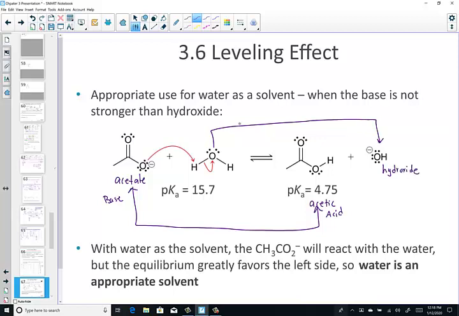When we identify the acids, H2O is acting as an acid, and acetic acid, CH3COOH, is acting as the acid. I've identified the acids on both sides. And I pull out the pKa chart, and the pKa chart says the stronger acid is acetic acid.